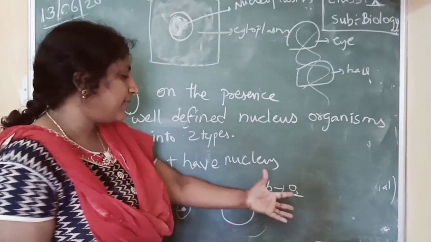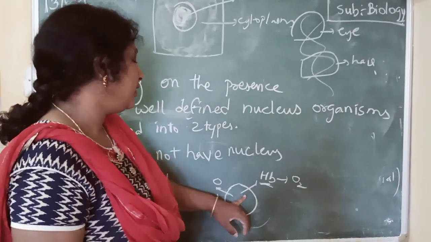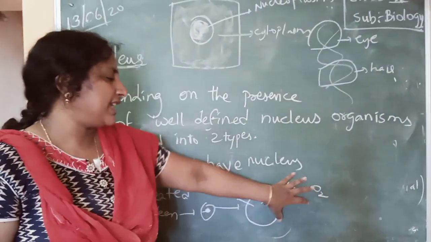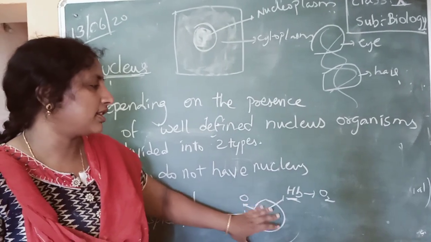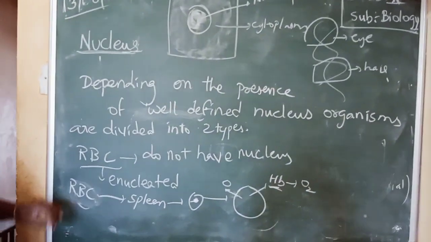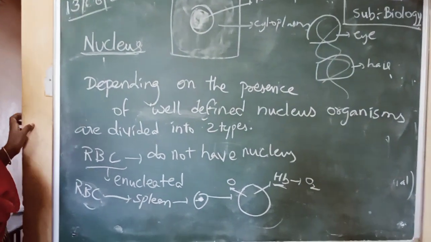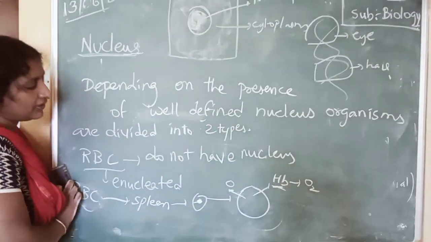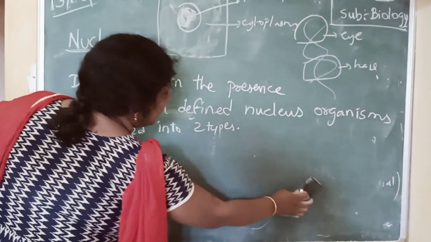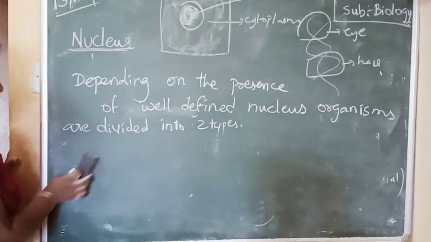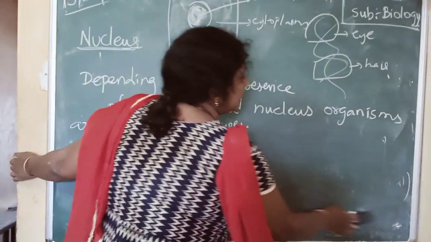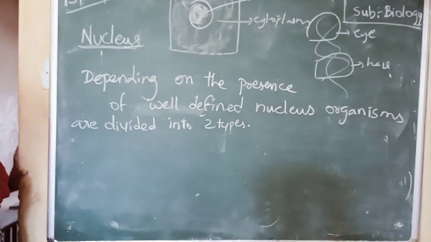To carry more oxygen, the nucleus is removed from the RBC, so that more space is there to carry more oxygen to the cells. That's why RBCs are enucleated, meaning they do not have a nucleus, but most of the cells have a nucleus. If the nucleus is well defined, then they are called eukaryotes. If it is not clear, and only the genetic material is present, then they are called prokaryotes.